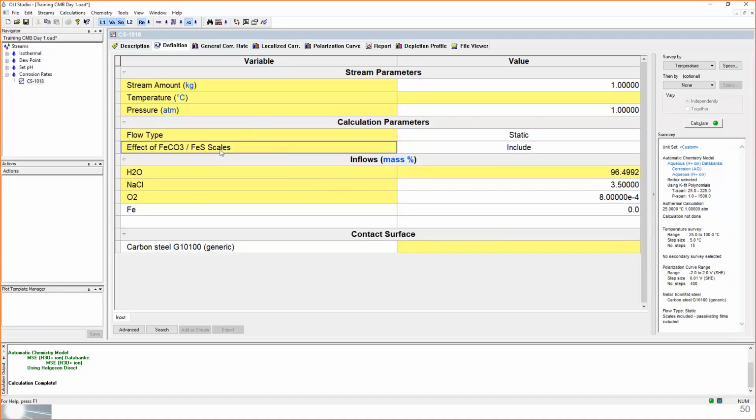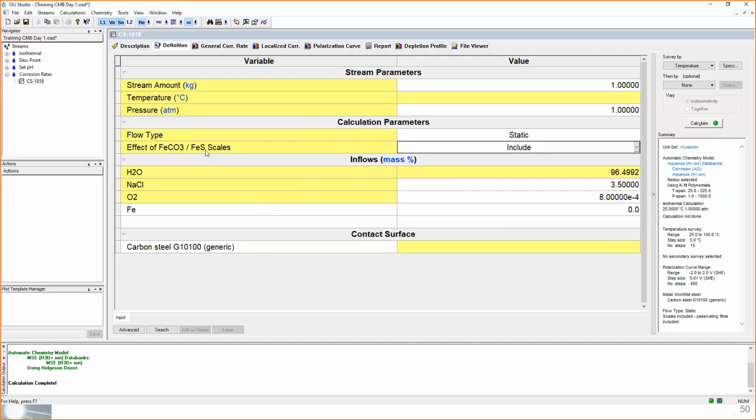So what this really means, and the default option is include, is that if you happen to have CO2 and H2S in your chemistry, in your inflows, the software will include the formation of iron carbonate and iron sulfide scales on the electrode surface.